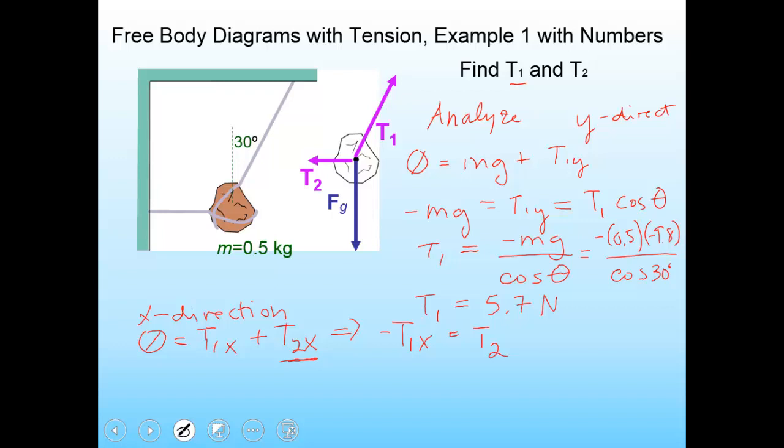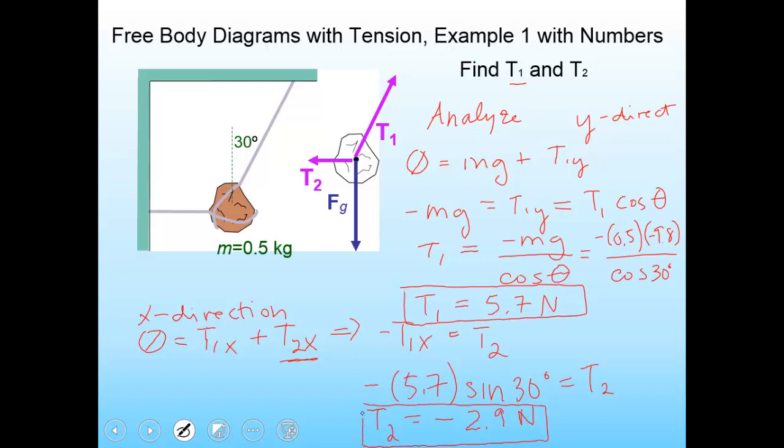So negative T1x is minus 5.7 newtons times sine of 30 degrees, as we said on the previous page. That's equal to T2. So that means that T2 is equal to, I just plug this in my calculator, negative 2.9 newtons. Okay, I'll box my answers here so that I know where my answers are.